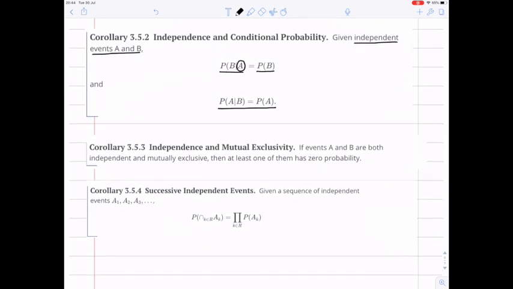So a few things to think about. We've thought about independence, which says that the probability of A and B happening is just the probability of A happening times the probability of B happening. And we've thought about mutual exclusivity, which says that if A happens, B definitely doesn't, or vice versa.